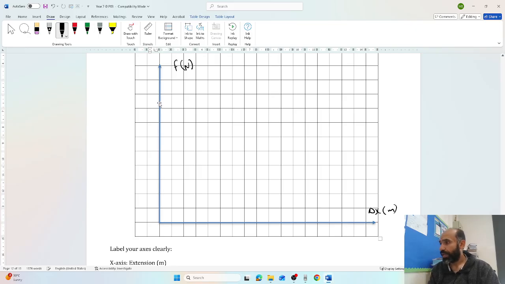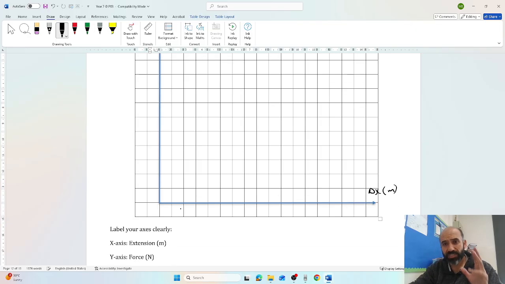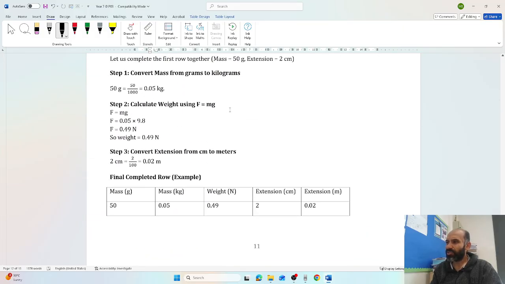According to the data that we have, for the extension we have 0.02, and we are moving each 0.02, or each 2 centimeters. So 0.04, then we have 0.06, 0.08. Your scale should be uniform. You are moving the same steps, 0.1. For the weight, as you can see, it's hard to draw.